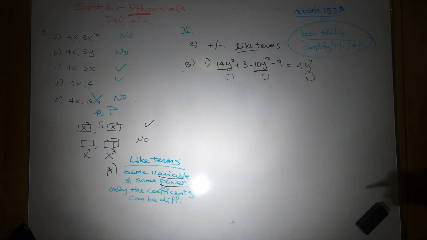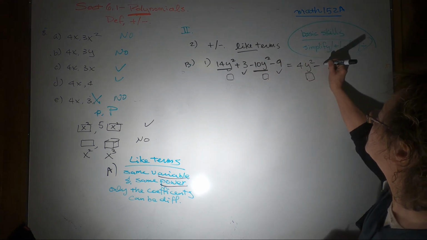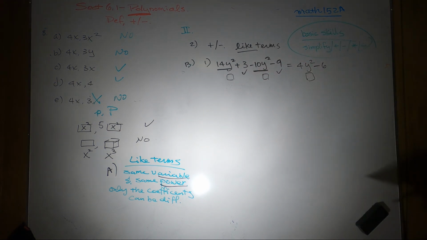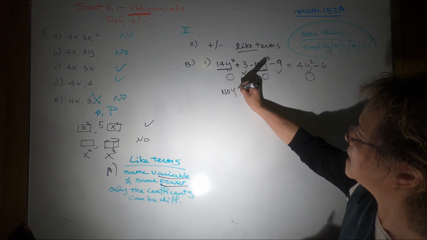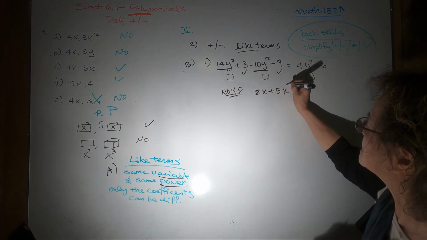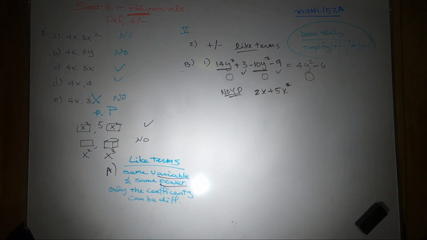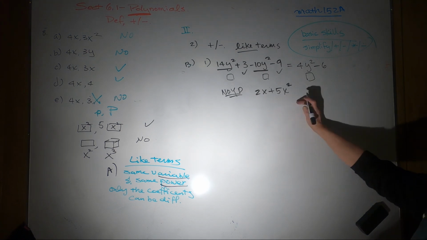You combine your coefficients. Then number and number you know how to do, put it together. Okay? So don't mingle. If you have 2x plus 5x squared, can you put it together? You can't because they are not like terms.